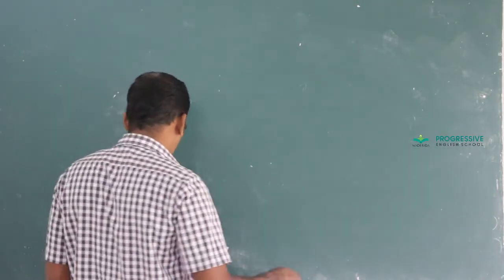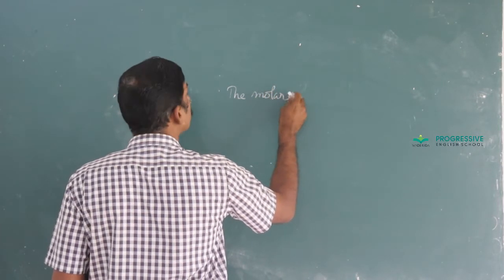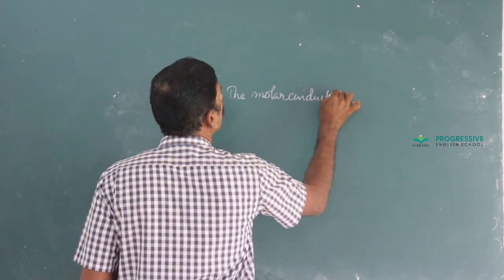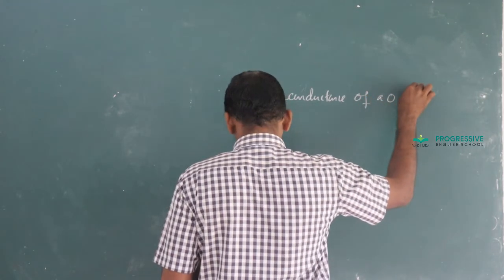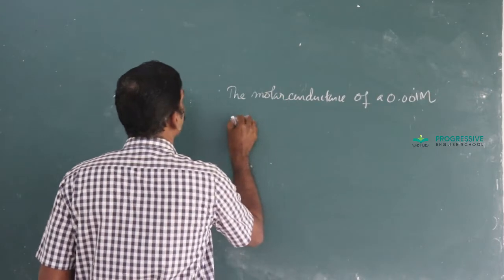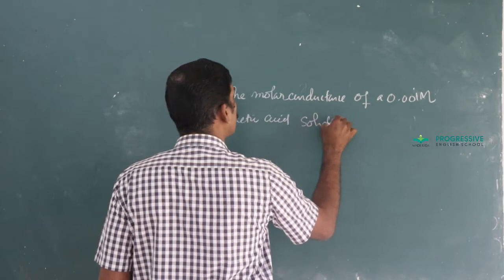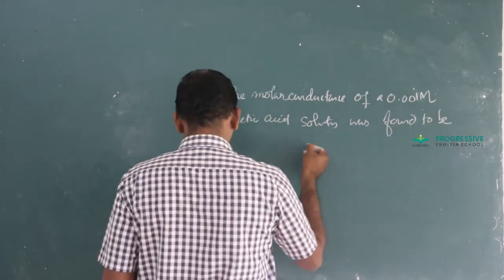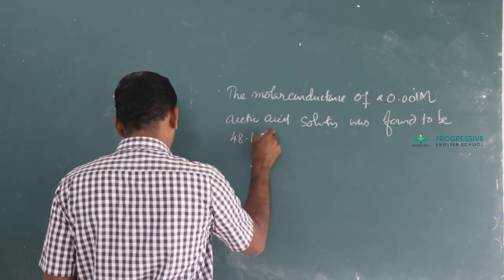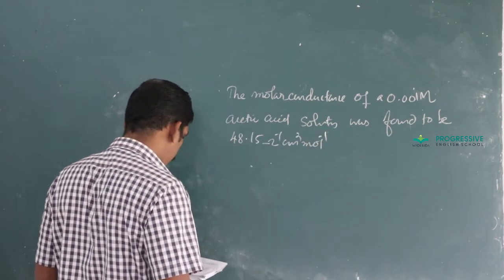Next question, that is based on the second application of Kohlrausch's law. The molar conductance of a 0.001 molar acetic acid solution was found to be 48.15 ohm inverse centimeter square mole inverse.